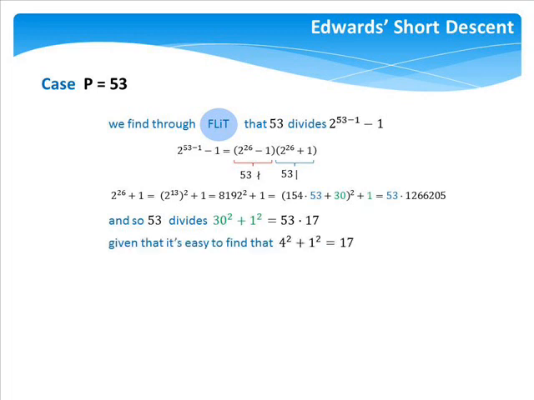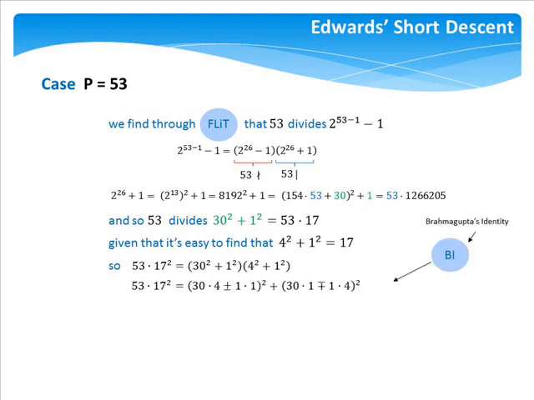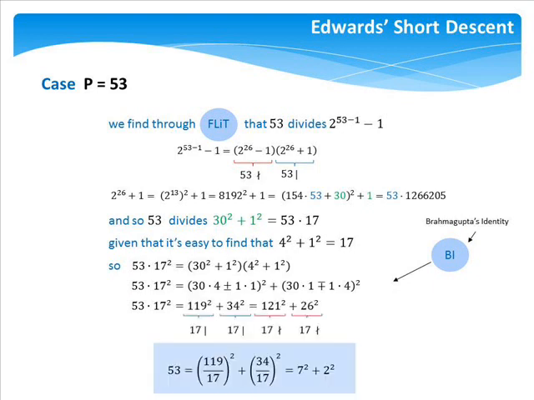And given that it's easy to find that 17 is 4 squared plus 1, we can multiply both sums of two squares, as that will have 17 twice as a factor, and so dividing both squares with one of the signed choices, as you see, it divides 119 and 34. So we finally find that 53 equals 7 squared plus 2 squared, the solution we sought.